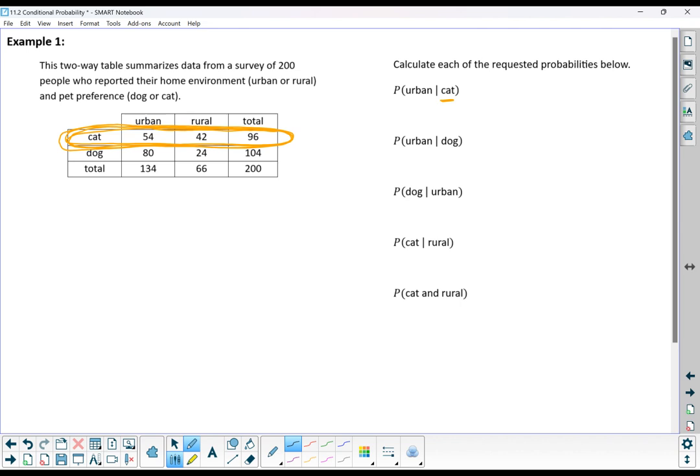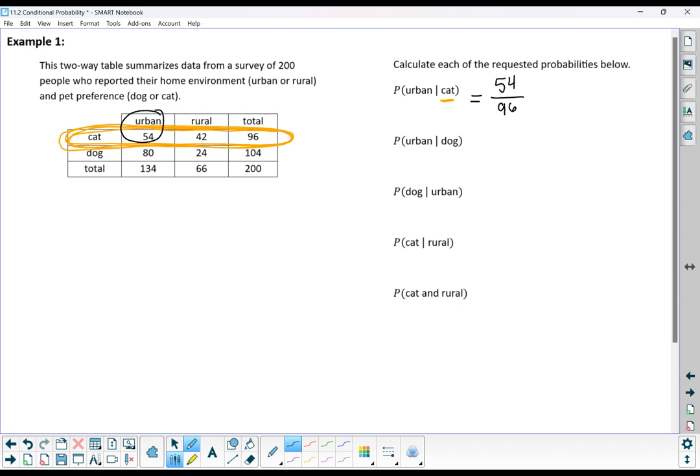We want to know the probability that they live in an urban environment. And you can see that it's going to be out of the 96 people who preferred cats. And there were 54 of them right here that lived in that urban environment.